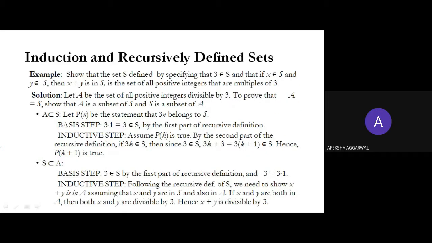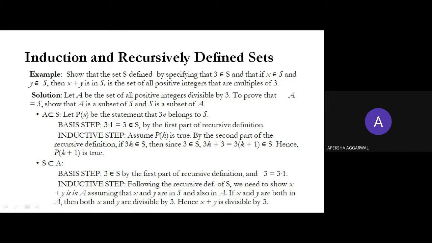Now an example is given over here. The question is: show that the set S defined by specifying that 3 belongs to S, and that if X belongs to S and Y belongs to S, then X plus Y also belongs to S, is the set of all positive integers that are multiples of 3.